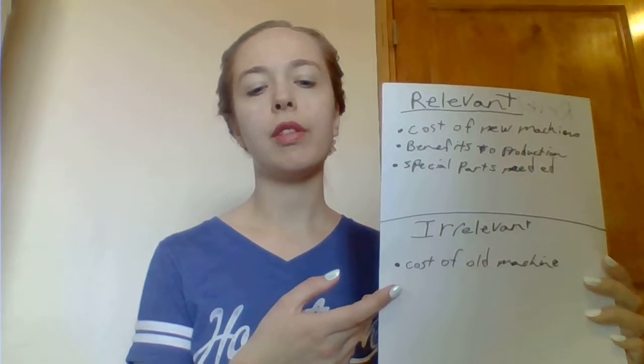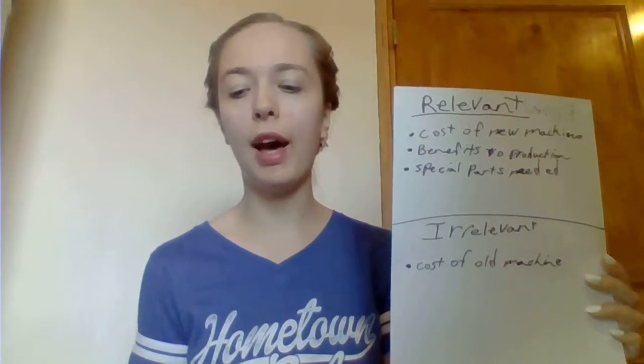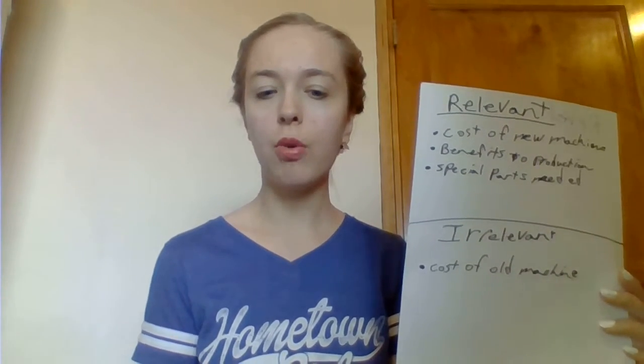Now, our irrelevant information is the cost of the old machine, because it's in the past and it doesn't matter to our decision anymore. So with that information, we know how to figure out what the best course of action for our business will be.